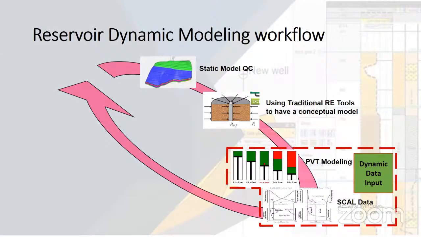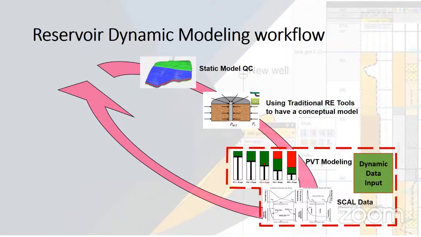So the simulation engineer will modify the lab data before using it. For example, for PVT, he should adjust according to the production facilities of the field, the Bo and Rs, before using them in the simulation. Also for SCAL data like relative permeability and capillary pressure.